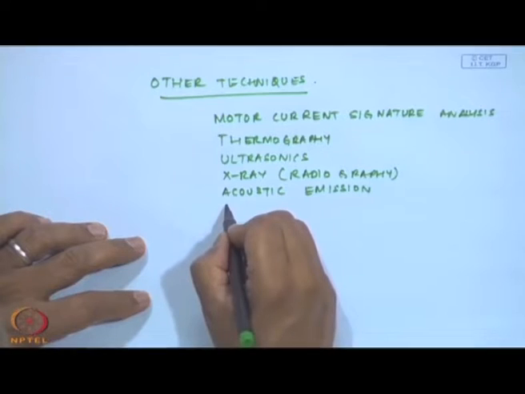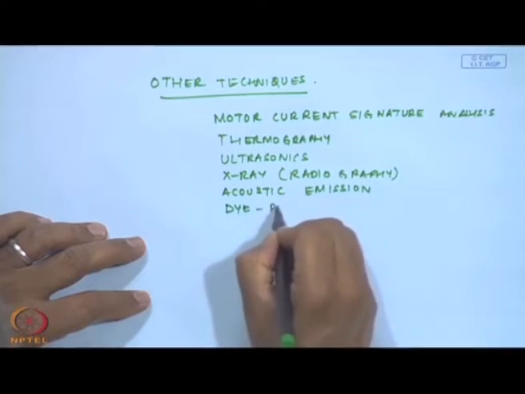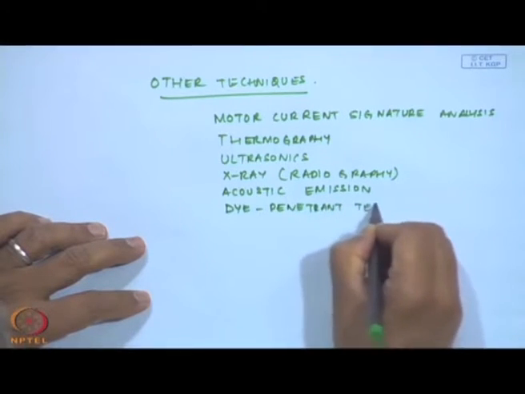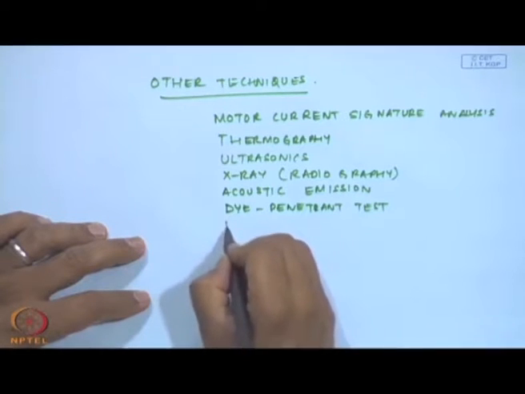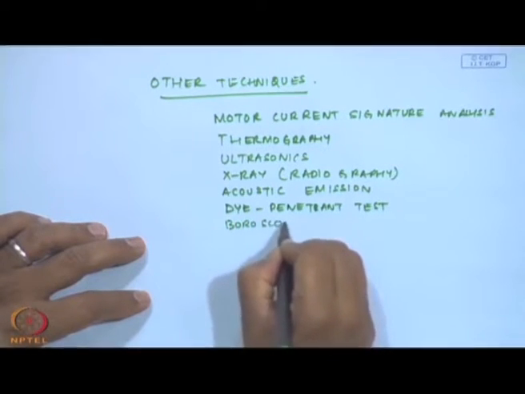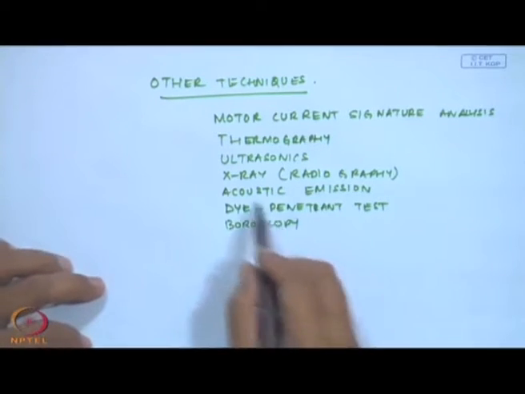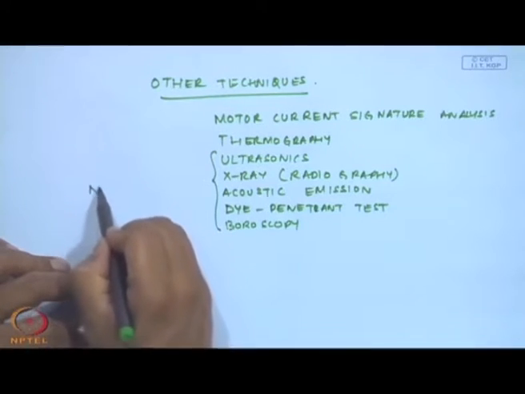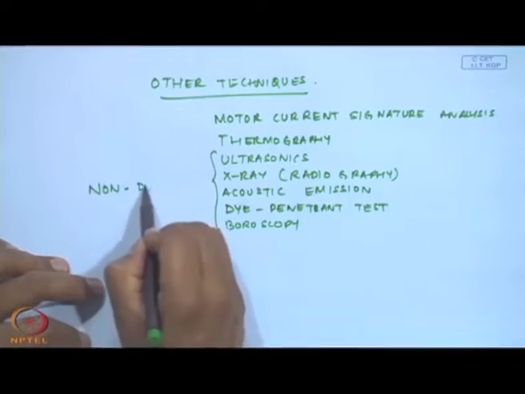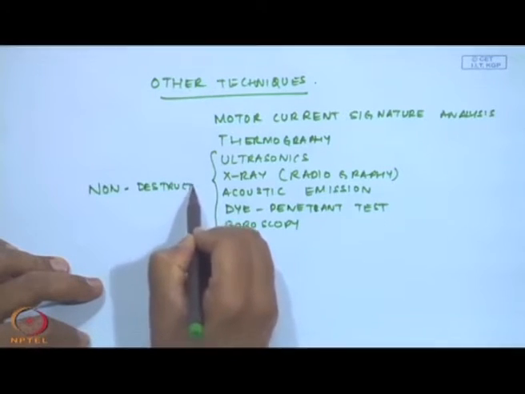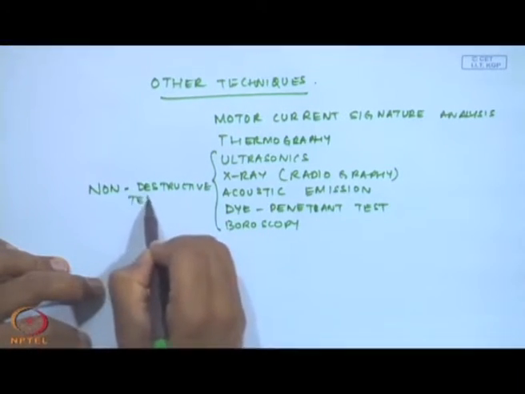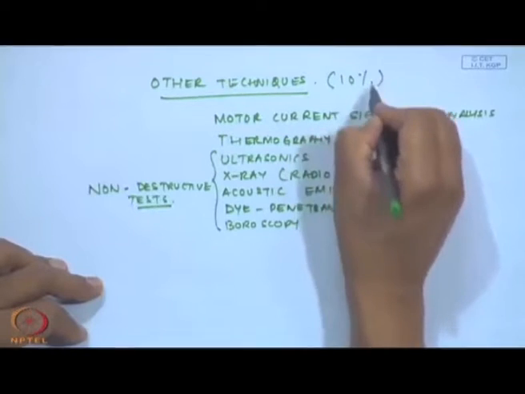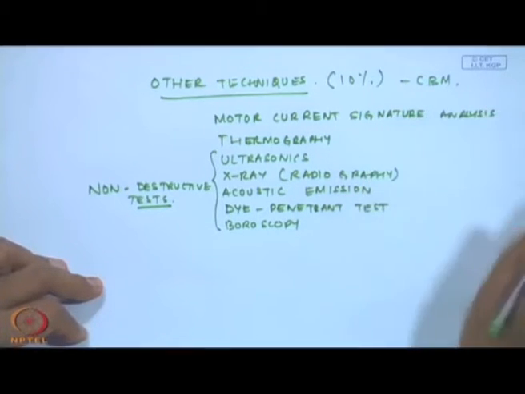Then we have dye penetrant test. Then we have boroscopy, etc. Okay. These are the non-destructive tests, NDT. So, this forms about 10% of the CBM throughout the world.